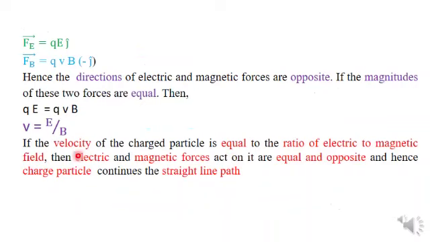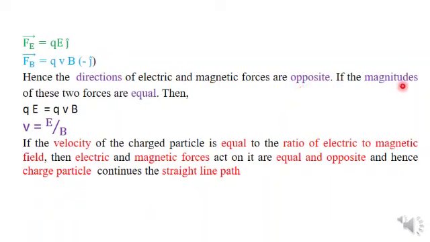Electric force vector F_E equals QE into j cap, so the electric force acts along the y-axis, and magnetic force vector F_B equals QVB into minus j cap, so the magnetic force acts along the minus y-axis. Hence, the directions of the electric and magnetic forces are opposite.